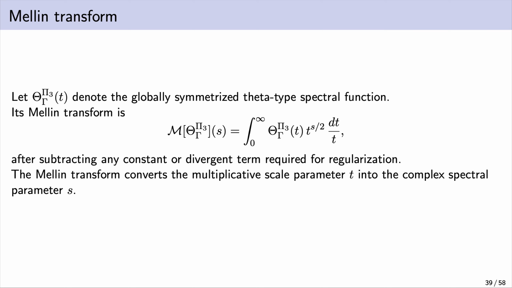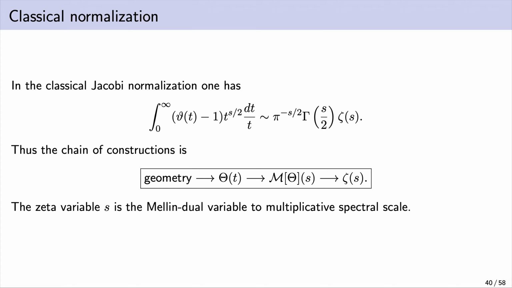So we take the Mellin transform, and we subtract any constant or divergent terms required for regularization. The Mellin transform converts the multiplicative scale parameter T into the complex spectral parameter S, and hence we can go through the classical argument here.